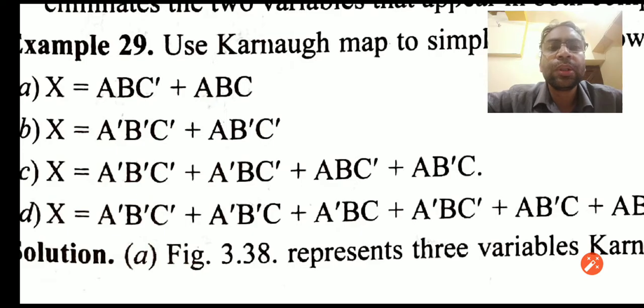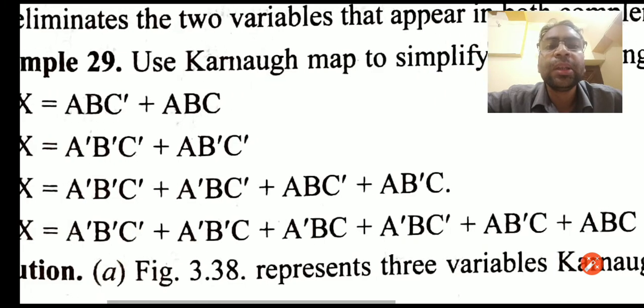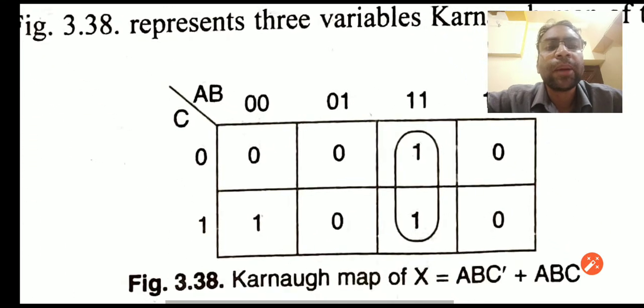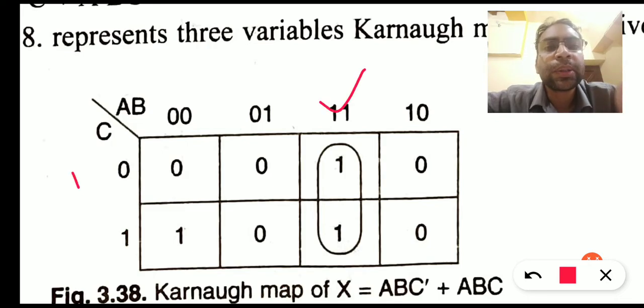We can also use the K-map to simplify. Let's pick up the first one, where x is a b c bar plus a b c. So let's see the K-map. For A B C bar, this is A B, and this is C bar, so this will be the A B C bar column. And then next is A B C, so again A B is here and C is here.